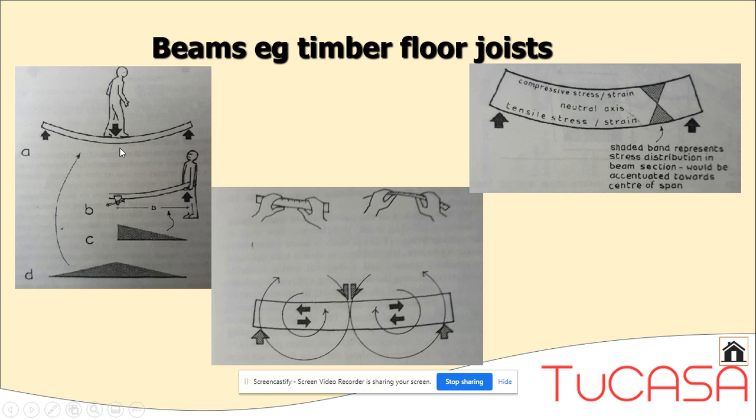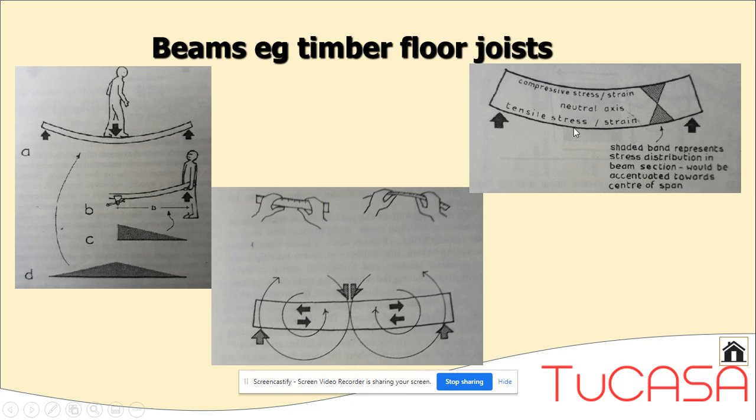Because when you're loading a beam, they tend to deflect, and we've got to understand that and offer some resistance. So the deeper the beam, as a general rule, the wider the span that you can create in your construction.